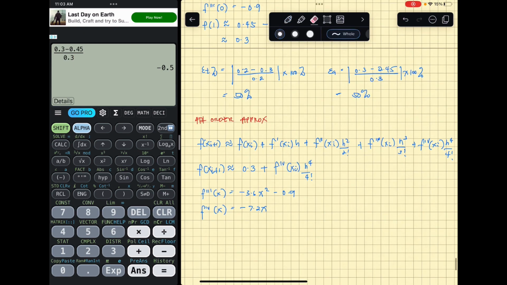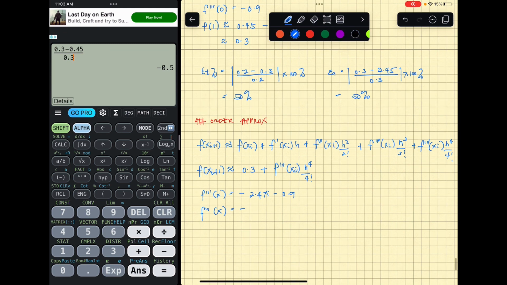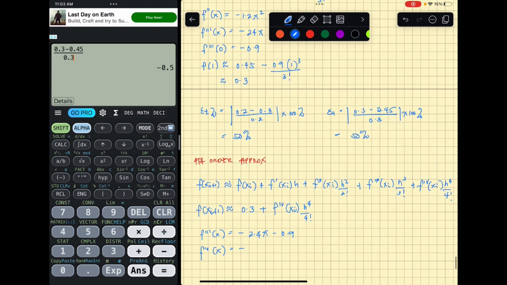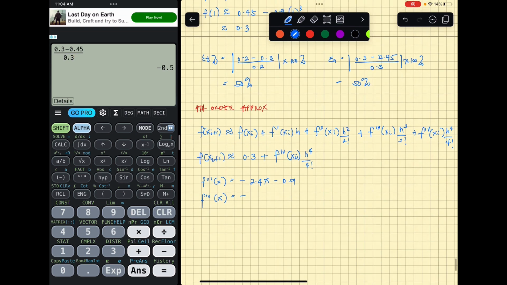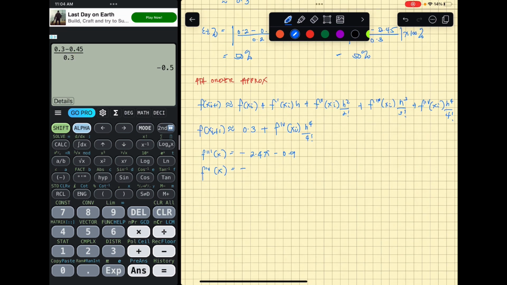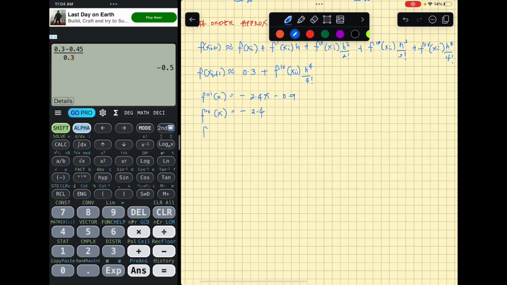So lastly, this should only be negative 2.4x. And this would be negative 2.4. So our f fourth prime of 0 then is equal to negative 2.4.